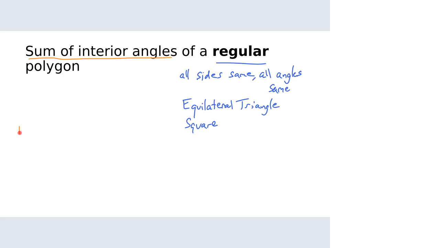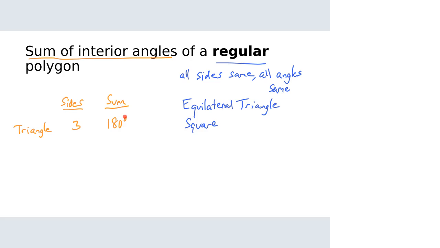So if we start with the idea of a triangle, and a triangle is going to have 3 sides. Okay, and if we add up the interior angles of a triangle, I've already talked about the fact that that's going to be 180 degrees.